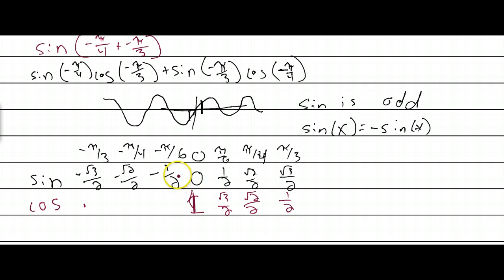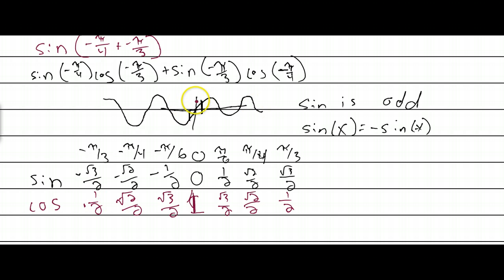So the negative is going to be the same value. Sine is odd, so this is positive, then the negative value is going to be negative. For cosine, cosine is even. So that just means that when they're opposite, the values are still going to be the same. Okay. So these still stay the same.